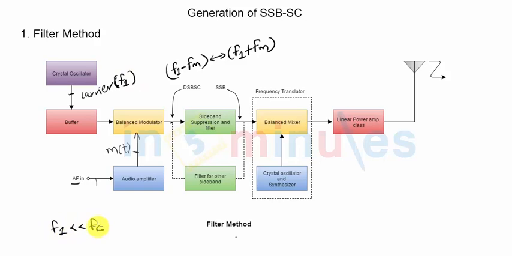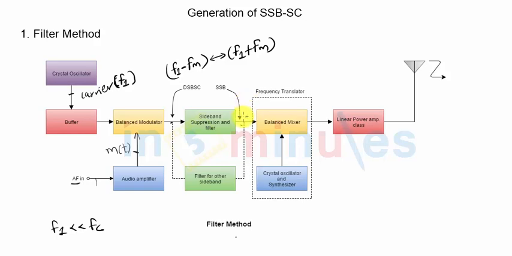Okay, now we have got the double sideband signal. We'll have to remove one of the two sidebands, for which we use a sideband suppression filter. Now, let us first focus on the upper branch of the transmitter. Let us say this is the sideband suppression filter which will suppress the lower sideband. In that case, the output of this filter will be nothing but the upper sideband.